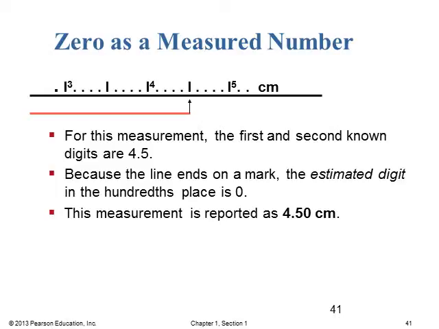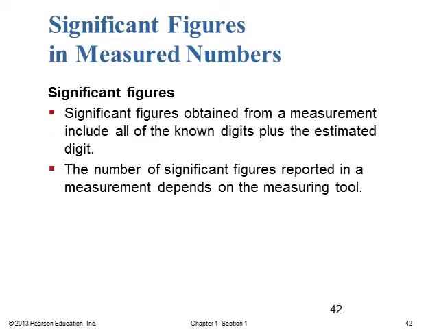And so you can report a 0 as that estimated digit, the last digit that's not viewed on our meter stick. If it lands directly on that mark, use that 0, report that 0.